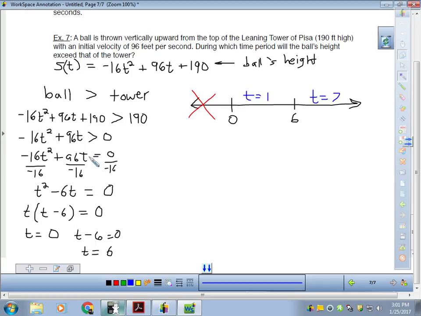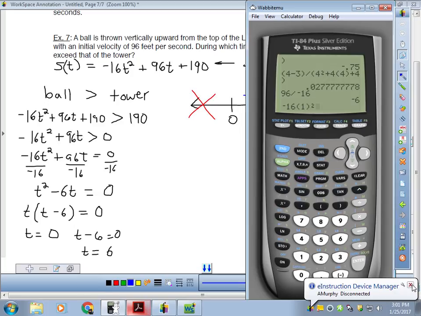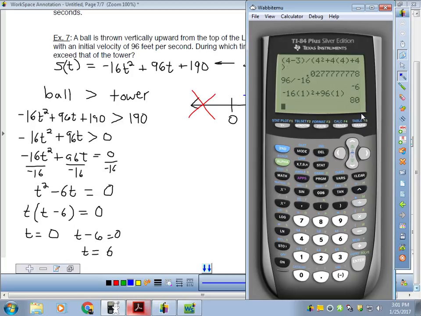Take those and plug them into your original equation, whichever one you want. Let's make sure we do this one right here with the equal sign. Okay, so we'll have negative 16 times 1 squared plus 96 times 1. That gives us a positive 80.